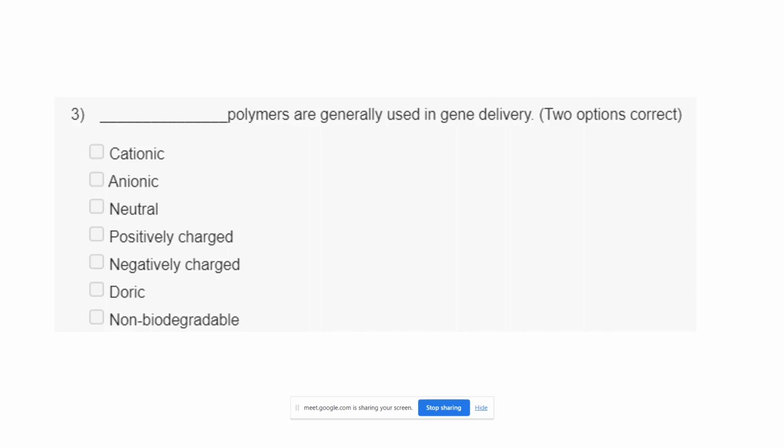2 and 4. Okay. Anyone else? The answer may be cationic and positively charged polymers. Okay.